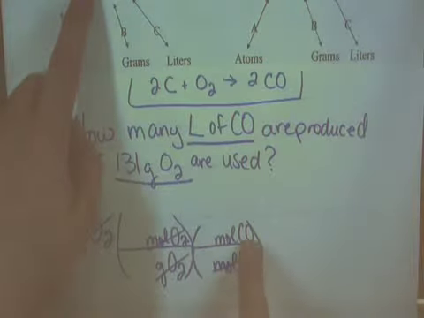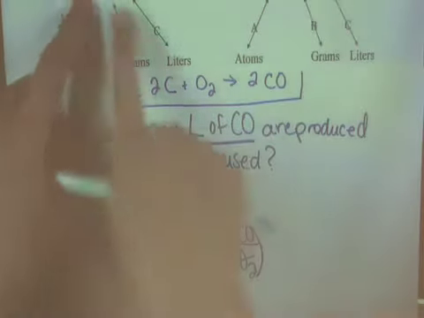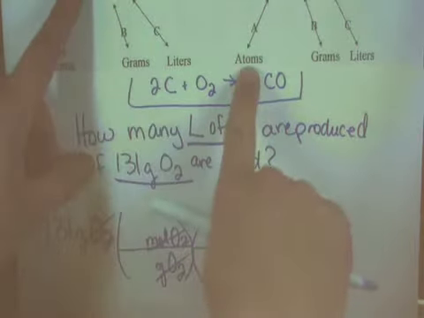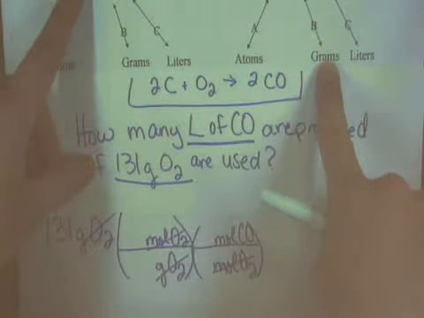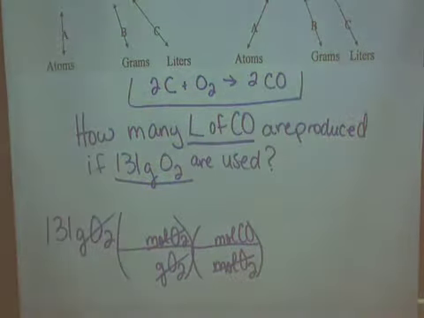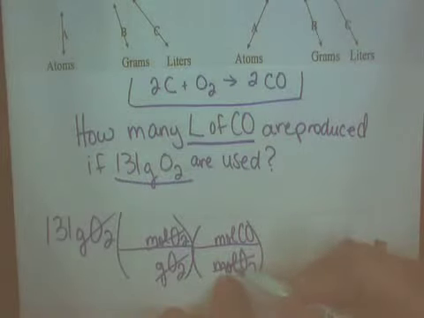But the only way I can get to that other chemical is if it's in moles. Can I get from moles of one chemical to atoms of another chemical? No. Can I get from moles of one chemical to grams of another chemical? Nope. The only thing they can talk to is if both of them are moles. So the only time you can have two different chemicals in the same parenthesis is if both of them are moles.